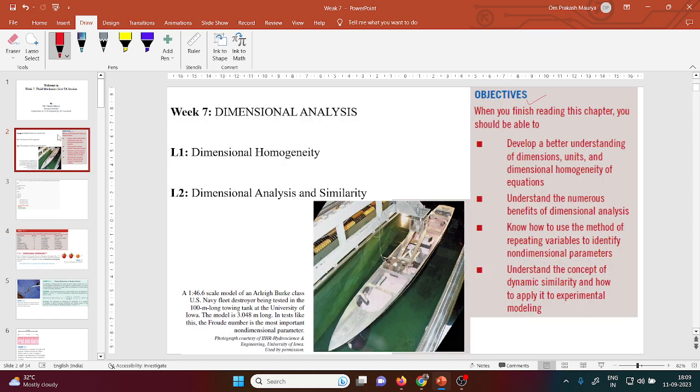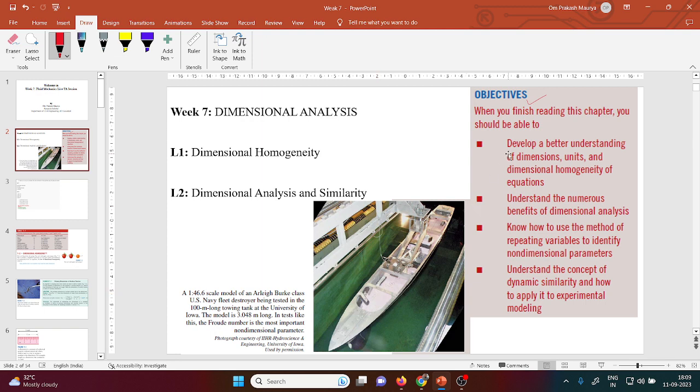Lecture 2 is about dimensional analysis and similarity. As you see here, the figure of a boat is there. So how is the model of the boat prepared and tested? We can learn these things if we know the dimensional analysis concept and how it works.